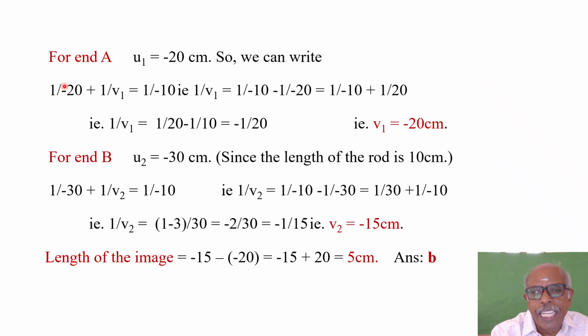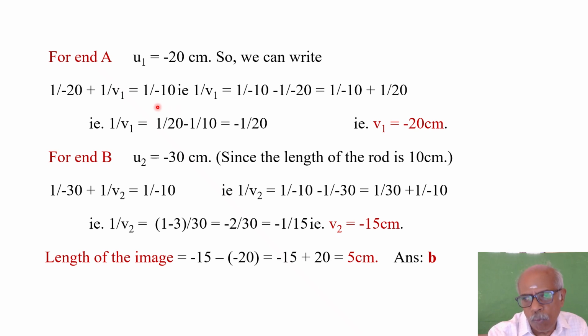For end A, U1 is equal to minus 20 centimeter. In the case of a concave mirror, we consider U as a negative quantity. So we can write 1 by minus 20 plus 1 by V1 is equal to minus 1 by 10, that is 1 by f. What is the value of f? 10 centimeter. As it is a concave mirror, you put a negative sign here.